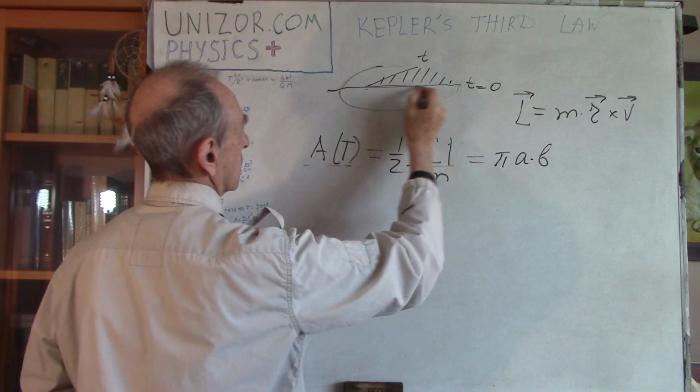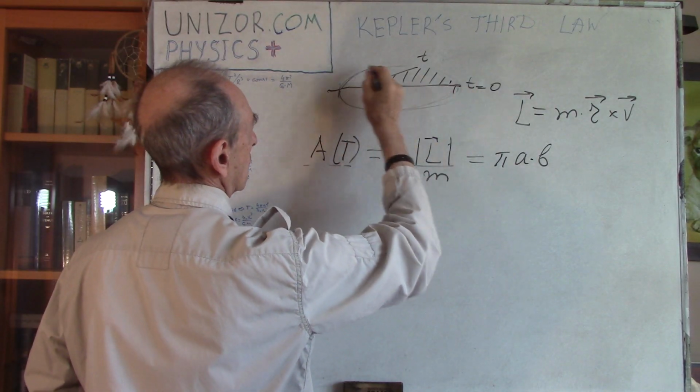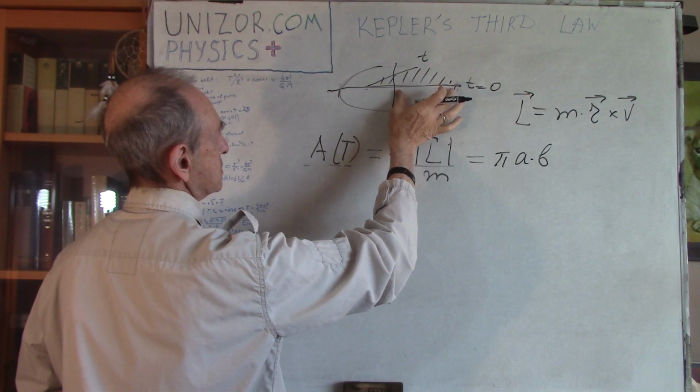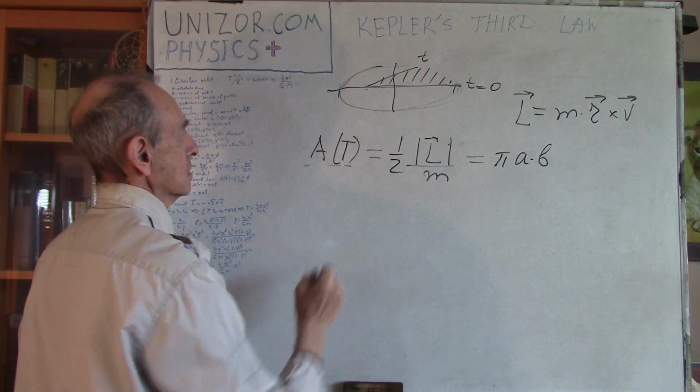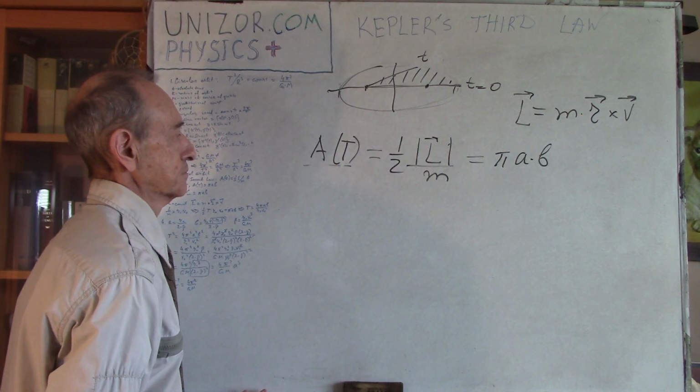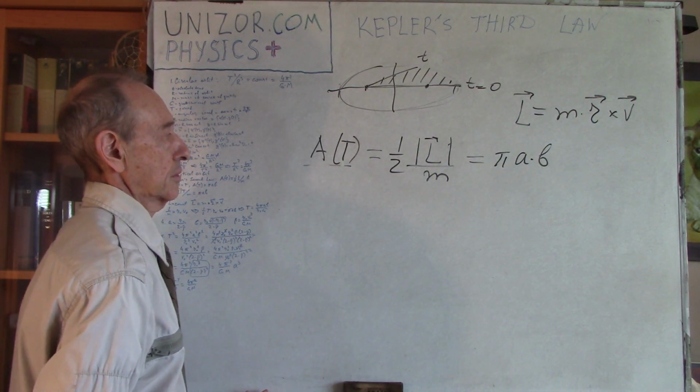So this is 2A and this is 2B. So semi-major is this piece, semi-minor is this piece. Now this is a focus and this is another focus. Okay, so I will use this formula.